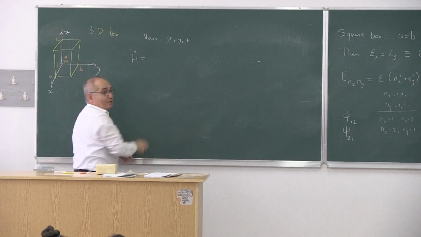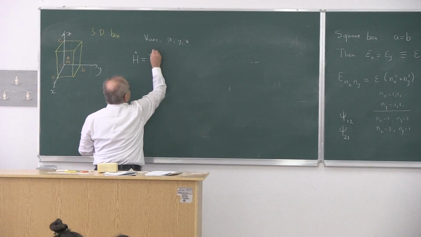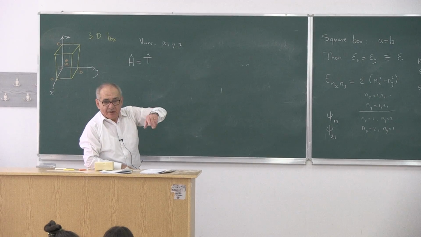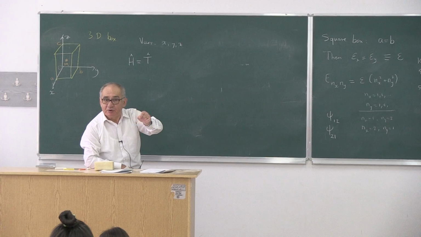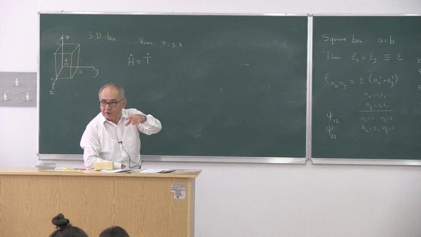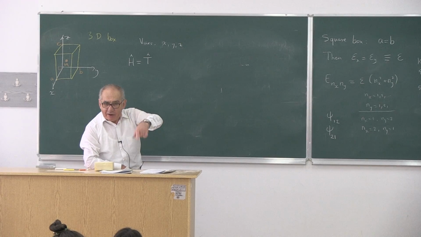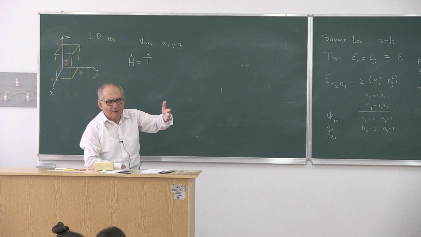Hamiltonian, kinetic plus potential energy. But the potential energy is constant here because we are saying that it's a free particle, which means there are no forces. If force is 0, potential energy is a constant. And the value of potential energy is arbitrary, so we select any value for it.